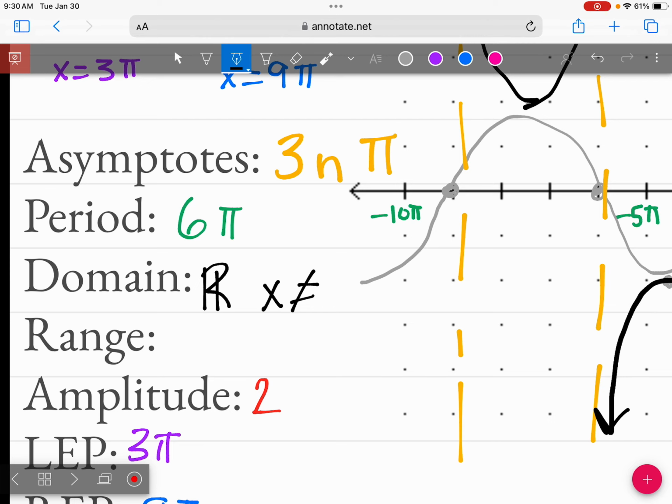If it is any multiple of 3 pi, it's hitting an asymptote. So x can't equal 3n pi, or 3 pi n, or n 3 pi. I don't care what order it's in. You're doing the hard math. Grammar is irrelevant. I genuinely do not care.